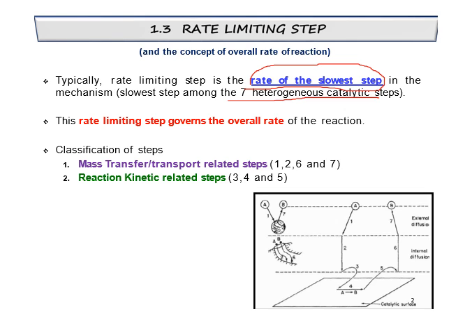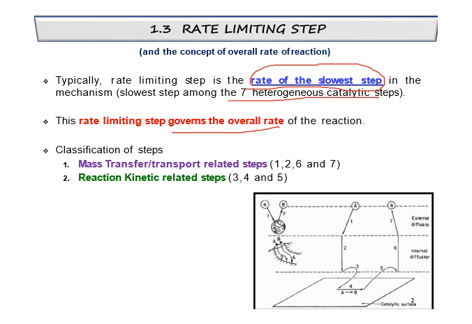The slowest step will be the limiter and will be the one that governs the overall rate of the reaction.